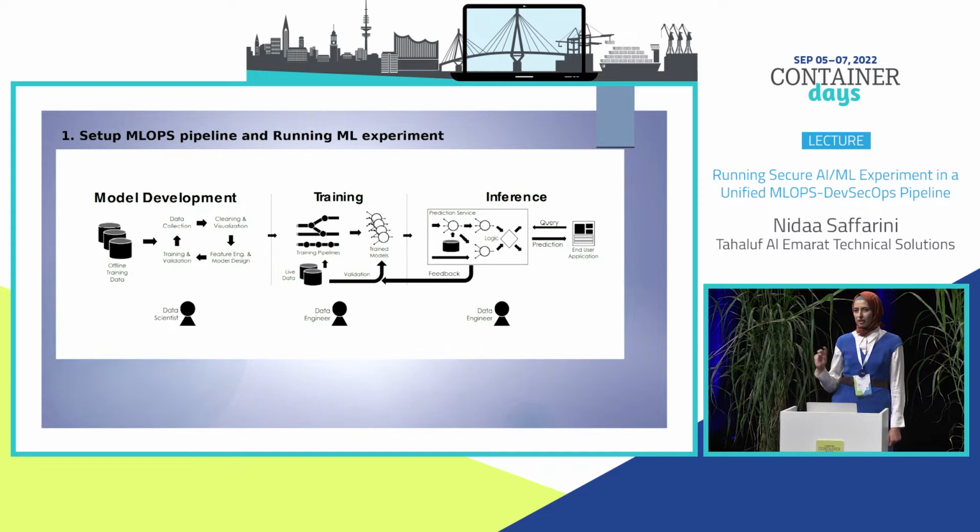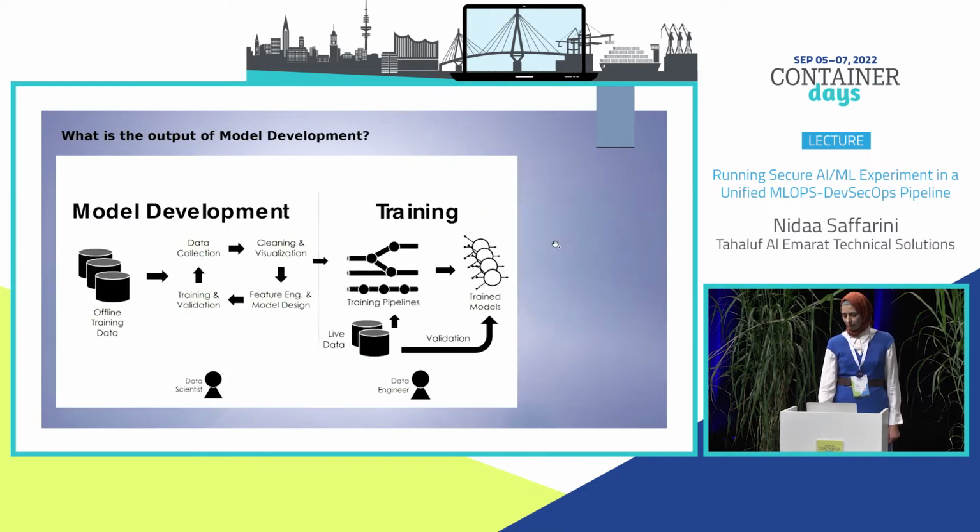While we are training the model, we have some steps in the pipeline: model development and training the model. We have some tools we use while training the AI or machine learning model, and then we have to deploy this model to the users.